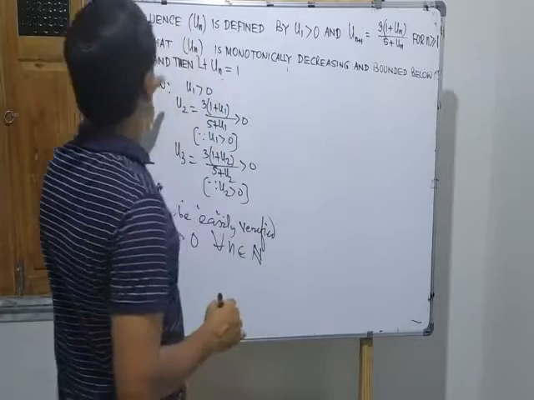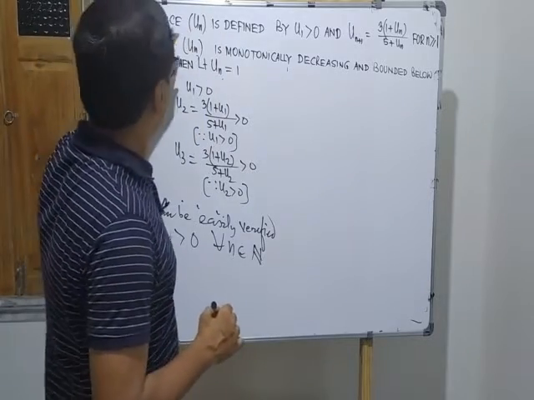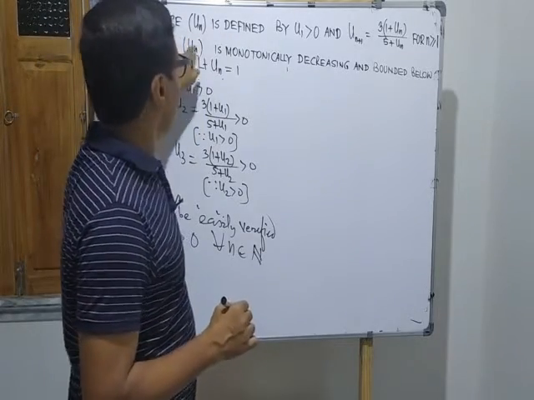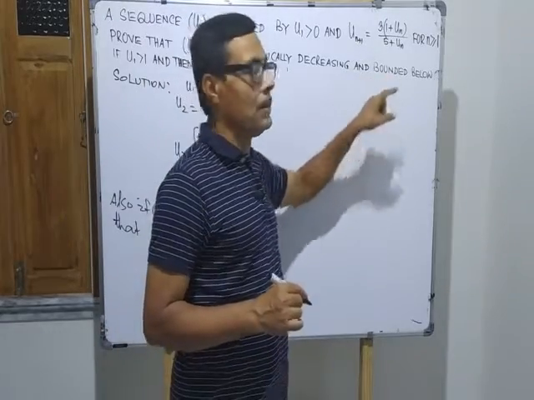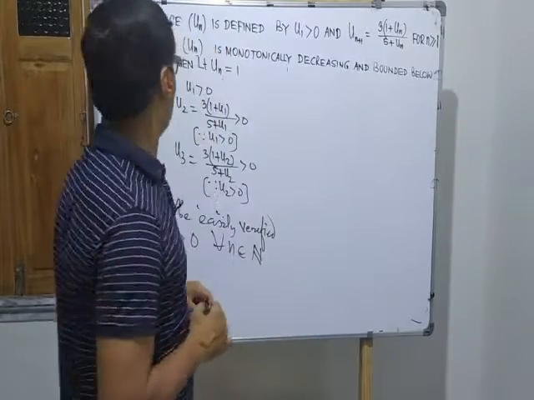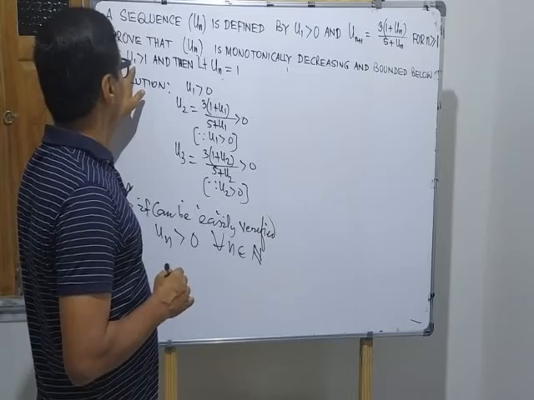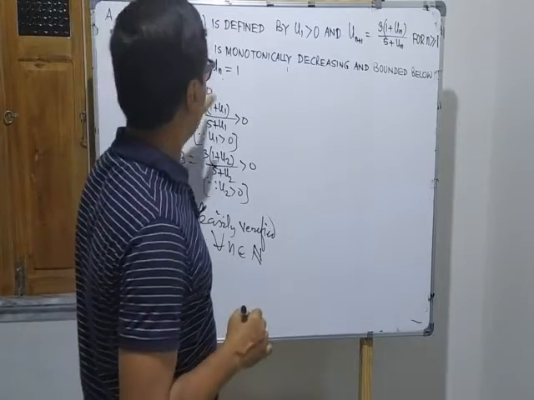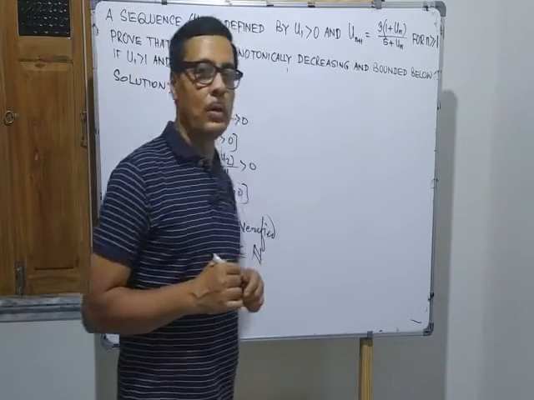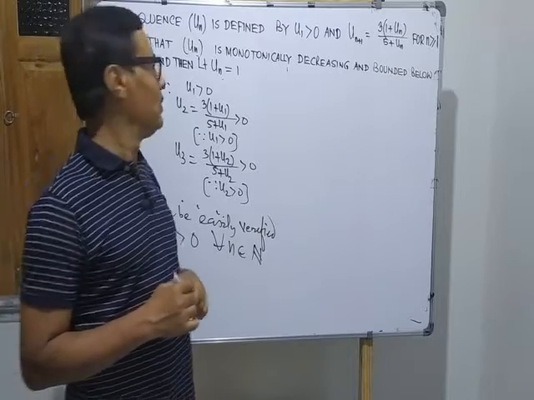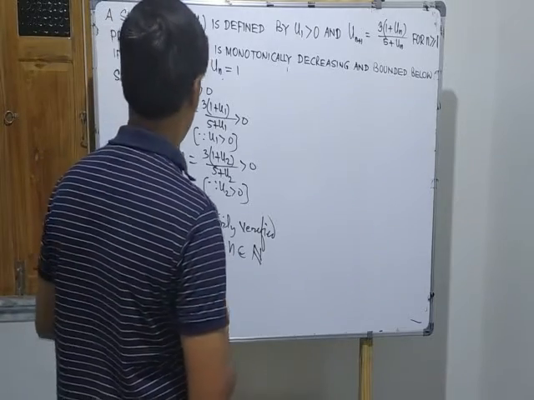Our proof has two parts. First proof is un is monotonically decreasing and bounded below under the condition u1 greater than 1. We have to firstly prove un is monotonically decreasing and bounded below under the condition u1 greater than 1.